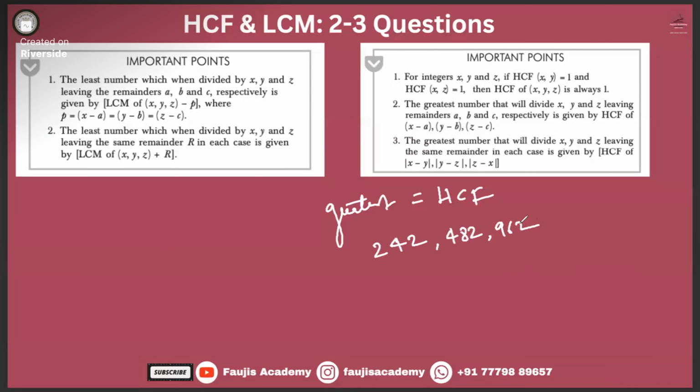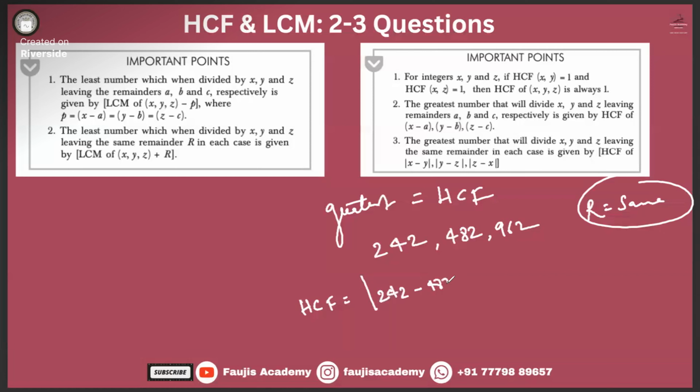You might have guessed why I am taking these numbers. We need to find some greatest number which, when it divides these numbers, leaves the same remainder in all cases. So we need to find the HCF of what?